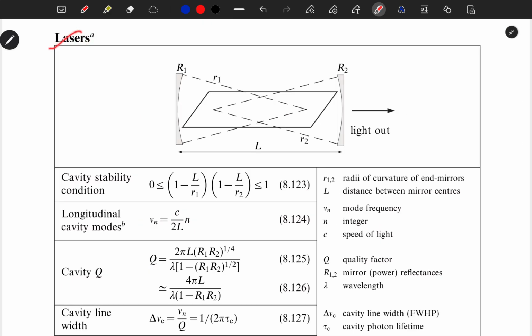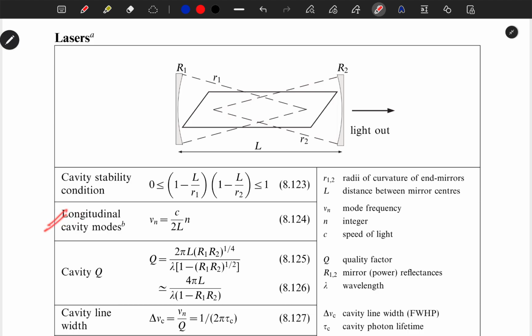So now lasers. We have two mirrors here, and the laser light will follow the mirrors. Cavity stability condition: the product (1 - L/R1)(1 - L/R2) will be greater than 0 and less than 1.